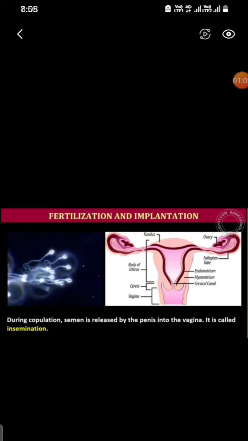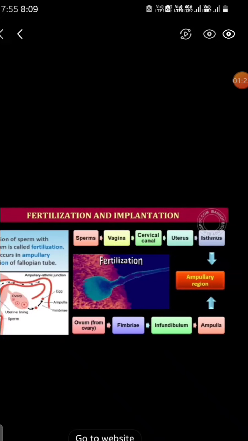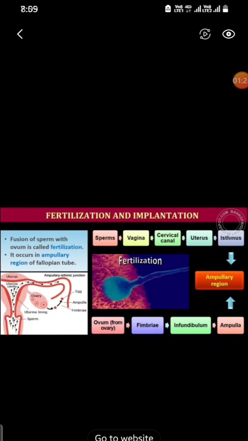It is called insemination. The fusion of sperms with the ovum is called fertilization. It occurs in the ampullary region of the fallopian tube.